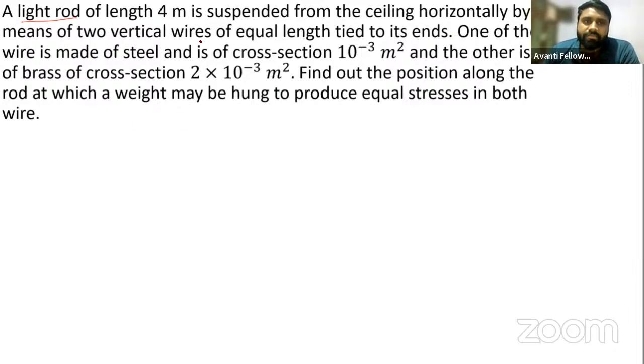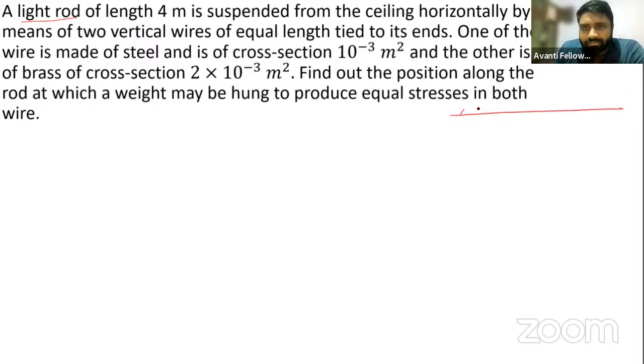Now, one of the wires is made of steel and has a cross-sectional area of 10 raised to the power minus 3, and the other is of brass with cross-sectional area this. Now, we have to find out the position along the rod at which the weight may be hung to produce equal stresses in both the wires. Okay, so this is the situation.